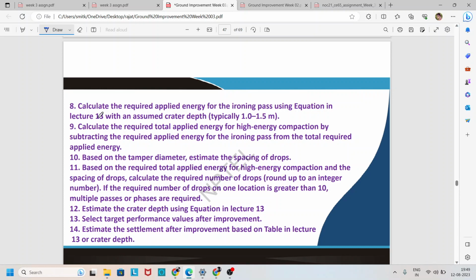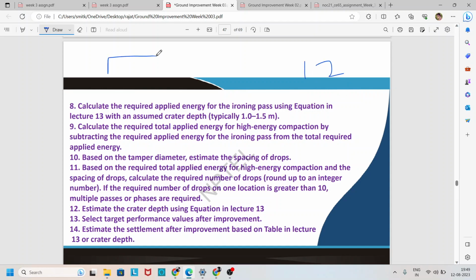Step 9 we found already, step 8 already discussed. Find out the applied energy for each ironing pass, and we also decide how many passes are required for that heavy energy pass. So we also decide one pass or two passes like that.